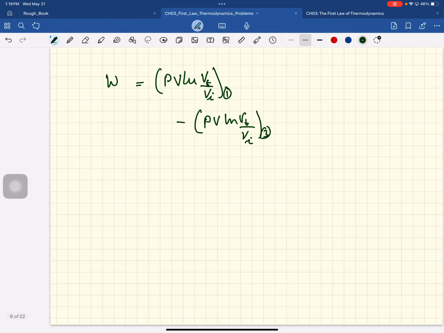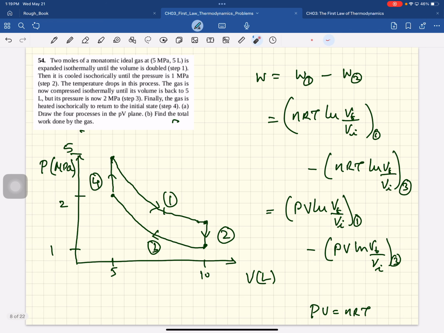Okay, so for process 1, we will take PV at this point, and for process 3, we'll take PV at this point. Okay, P is 5 megapascals and V is 5 liters.